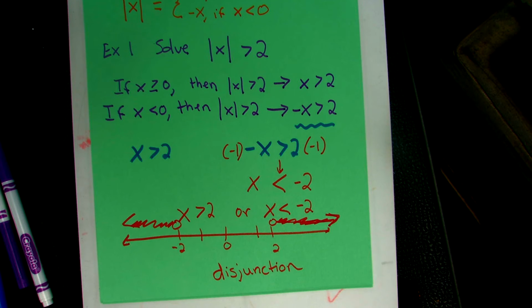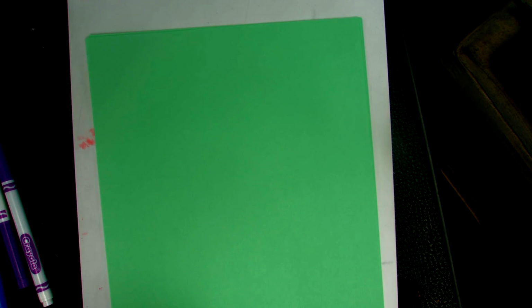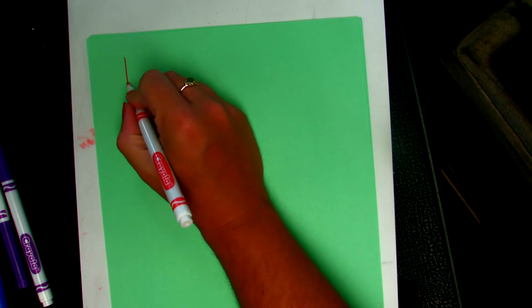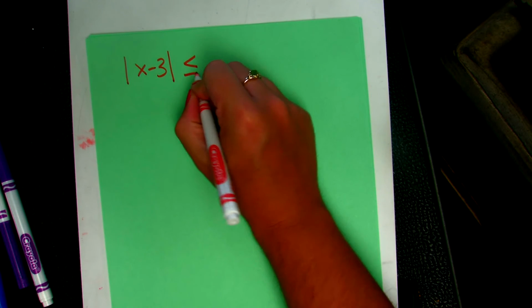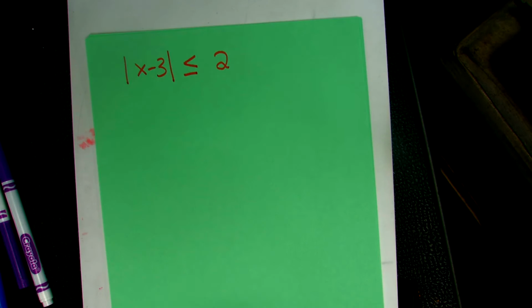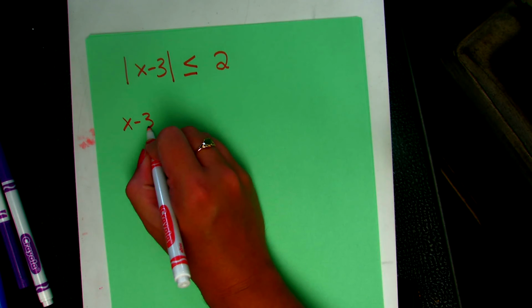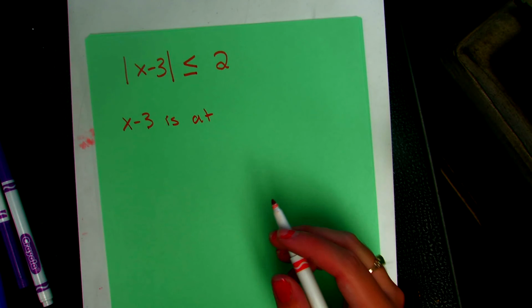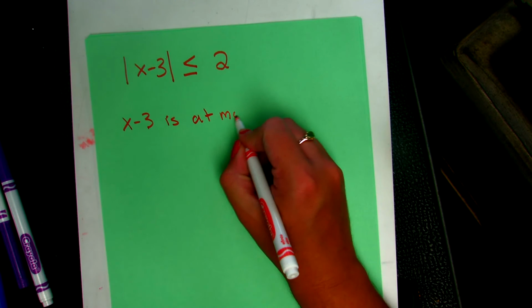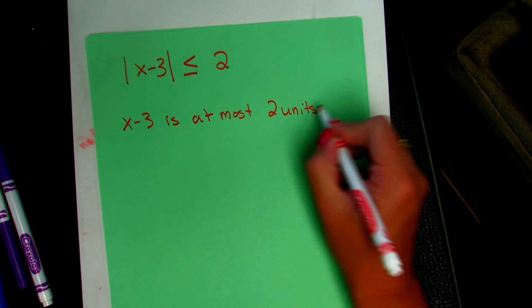Similarly, let's say we had something like this. Let's say we had the absolute value of x minus 3 is less than or equal to 2. We're saying that the number x minus 3 is at most 2 units from 0.